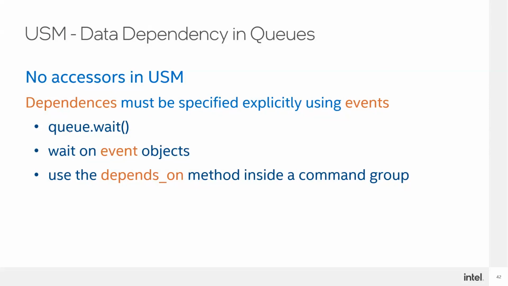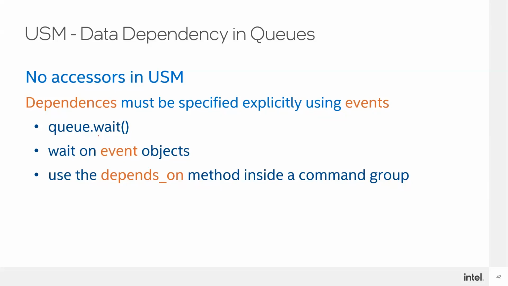And actually, SYCL is an event-based model, which means invoking wait on the queue is one way of doing synchronization, but it's blocking the execution of all command groups submitted to this queue.